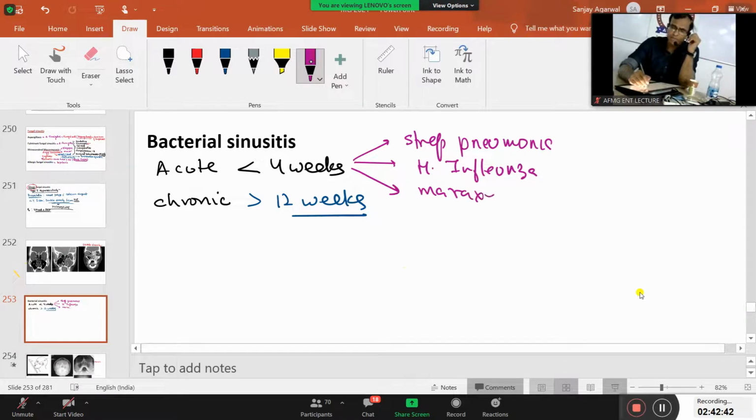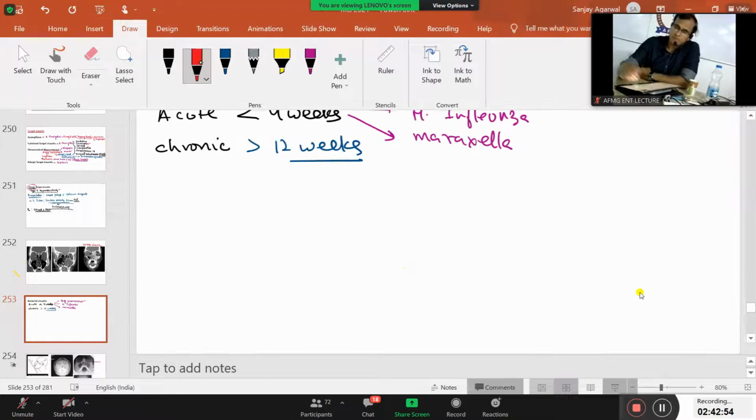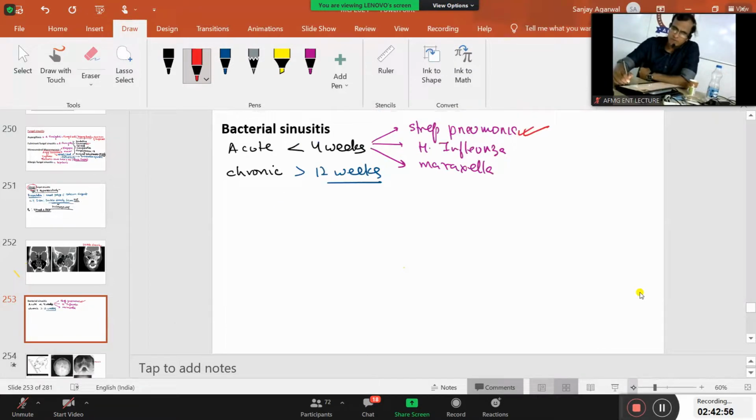If you have to pick one name, the first one. Same in ASOM as well as in acute sinusitis. The one name is Streptococcus, but usually there are 3 pathogens.